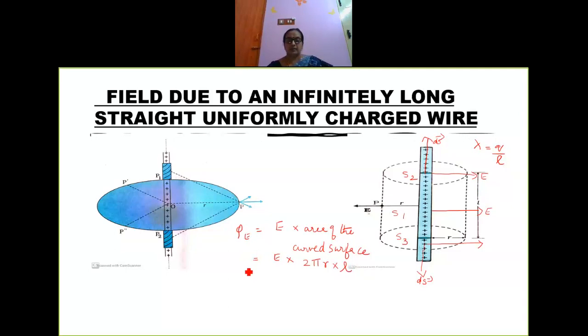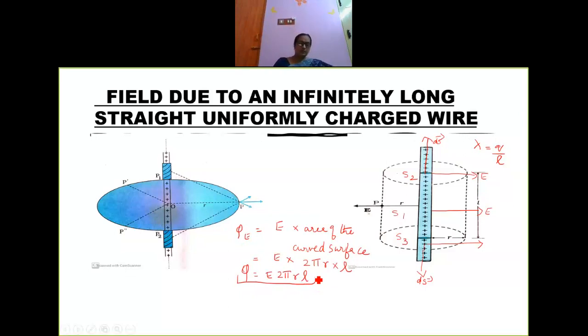So I can write the flux as E into 2 pi r L. So this is the total flux, because S2 and S3 tend to 0, and I have the flux only due to this S1, which is also considered to be the total flux, which is equal to E into 2 pi RL.